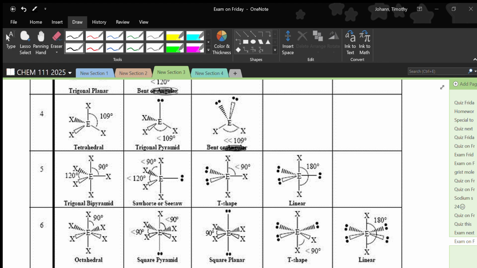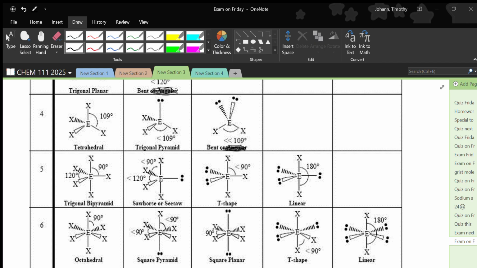So what we have is a trigonal planar here, and then sticking up above it and below it, we have 2 groups straight up perpendicular. So we've got 120-degree angles here, and then we have 90-degree angles here. That makes sense? Okay. So if you remember the shapes, it'll be easier to memorize these.